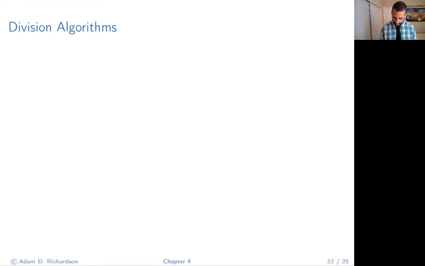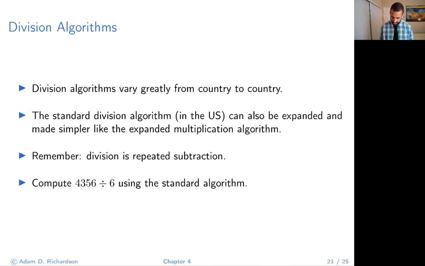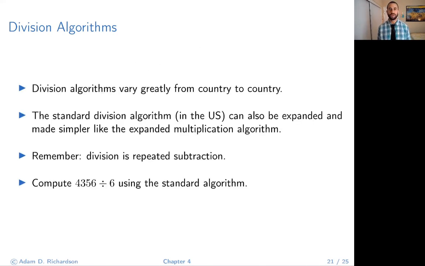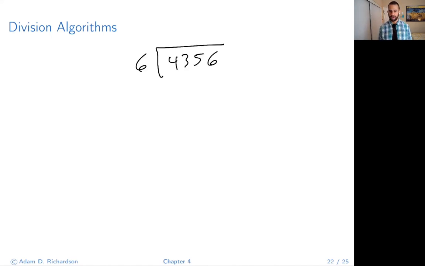Okay, let's try this. So the standard algorithm says we're supposed to write it like this. Already I'm kind of confused because I'm doing 4,356 divided by 6, but I'm supposed to write 6 before I write 4,356.